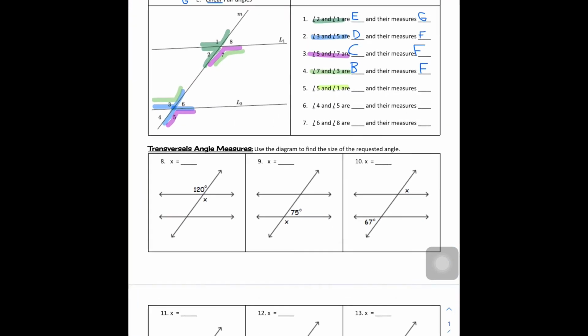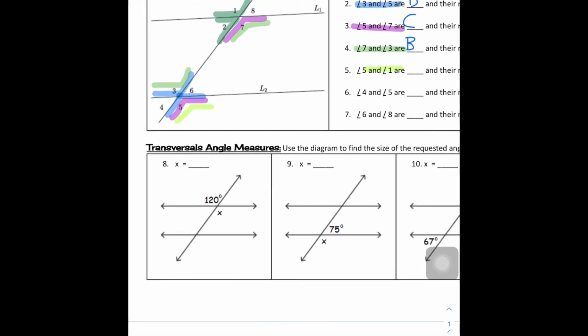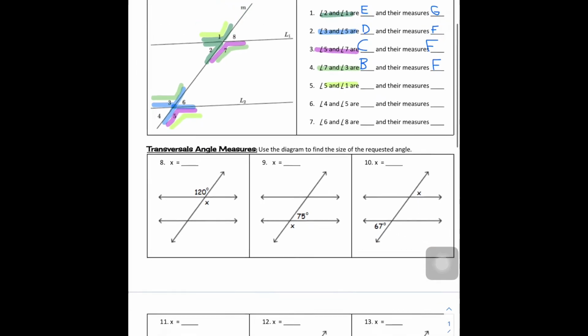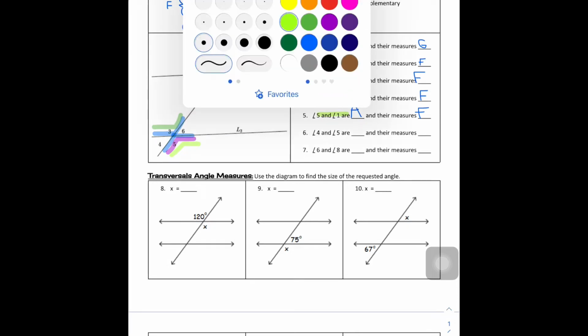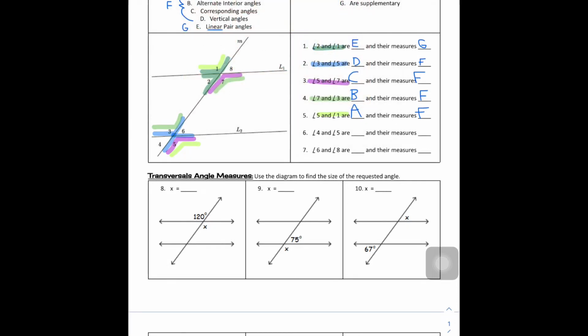Next, we have 5 and 1. They are outside the parallel lines, so that makes them alternate exterior and F for congruent. Next, we have 4 and 5.